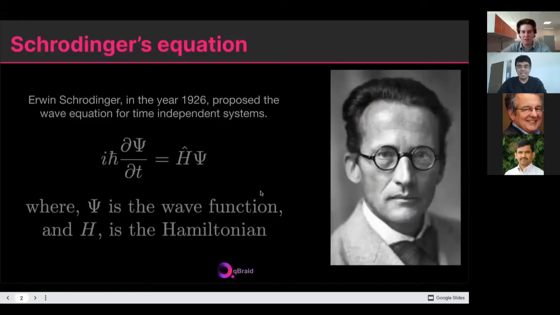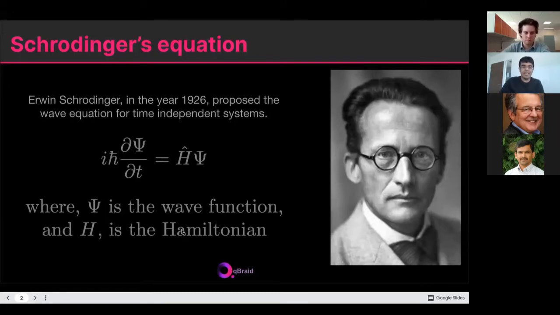I think you were asked if you could repeat that last part. Yeah, sure. So the Hamiltonian gives you a landscape under which the wave function evolves, right? This is a Hamiltonian operator.